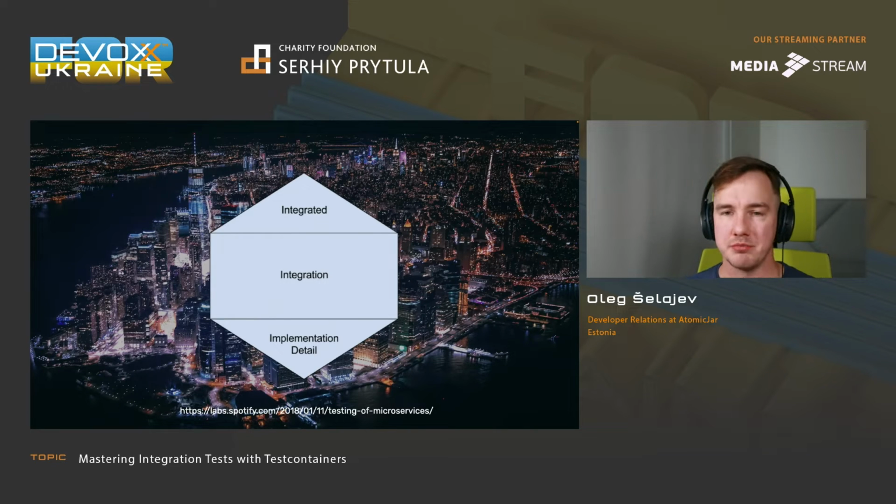Maybe databases, maybe message brokers, maybe Elasticsearch servers, and so on. And they will have some integrated tests, where the application under test, the application they're developing right now, is integrated in a production-like environment. And there would be fewer of those. And the bulk of the test suite, the tests that they will rely on to say whether a certain commit can be rolled into production or not, would be integration tests.